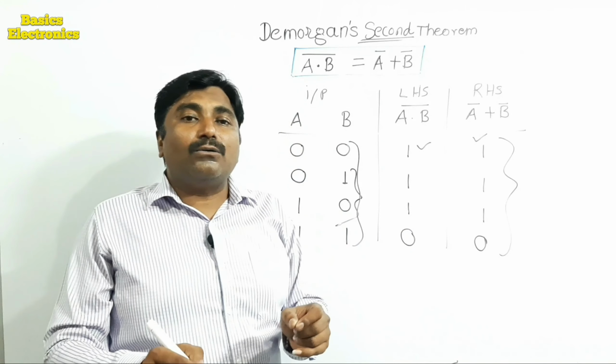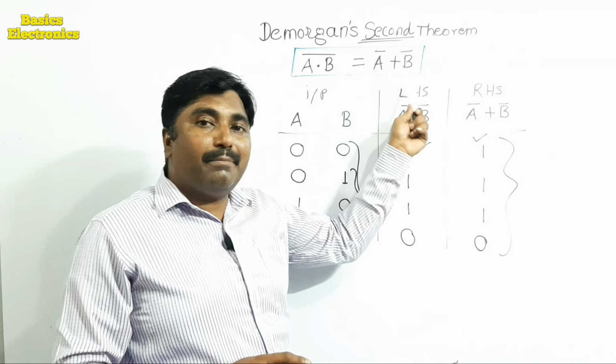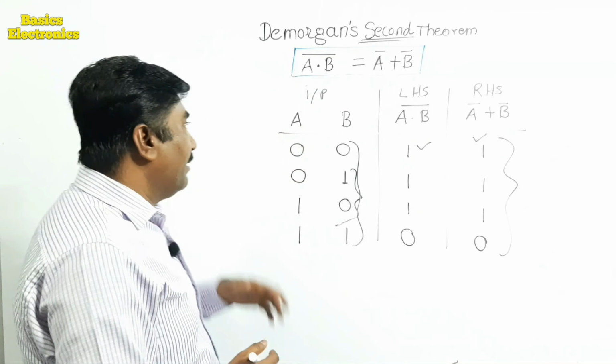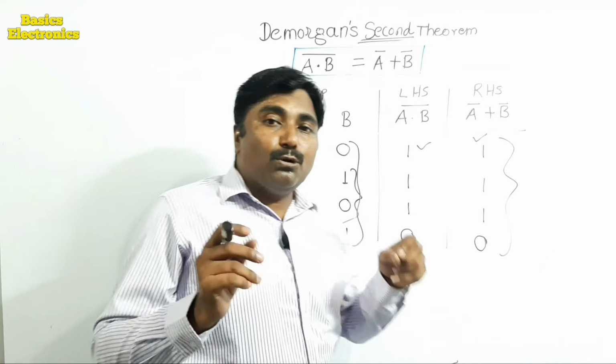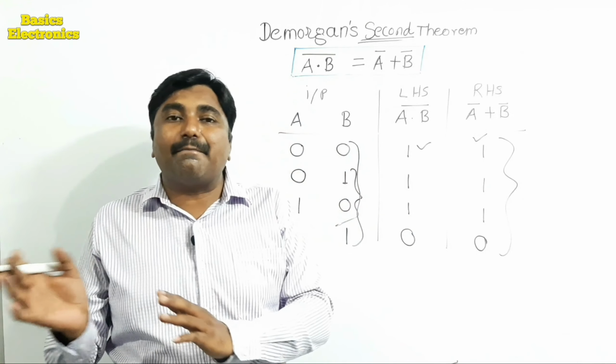Then we have to write down the equation: complement of A dot B equals A complement plus B complement. After that, you have to prove it mathematically by assigning the values of A and B.